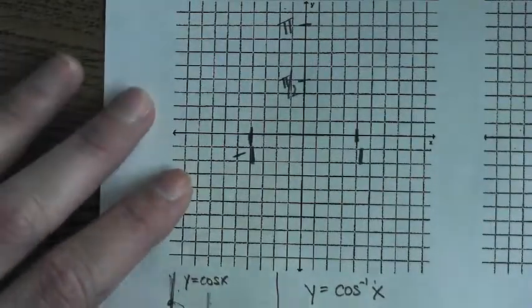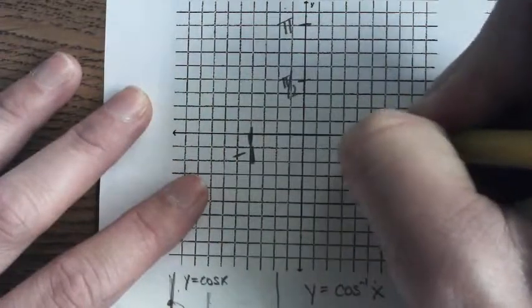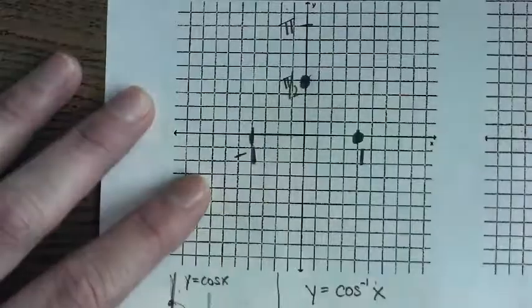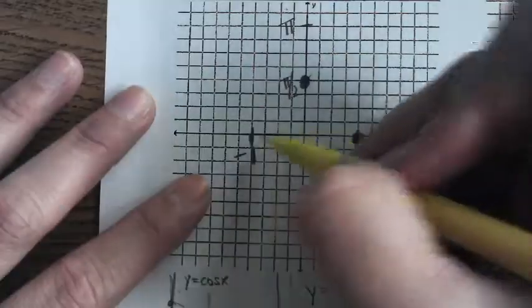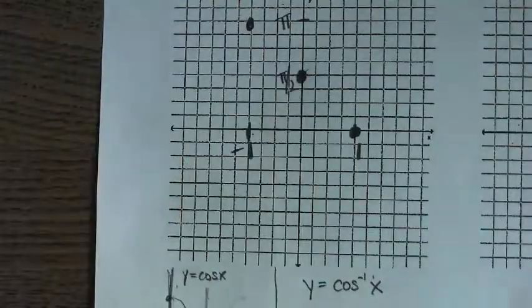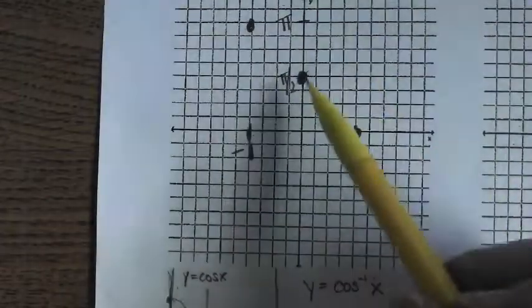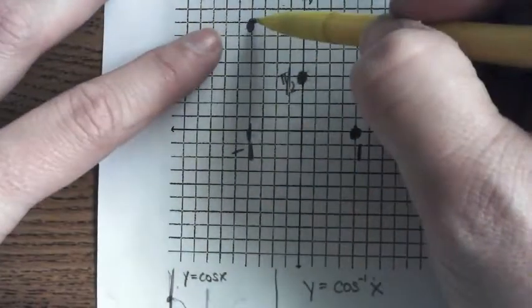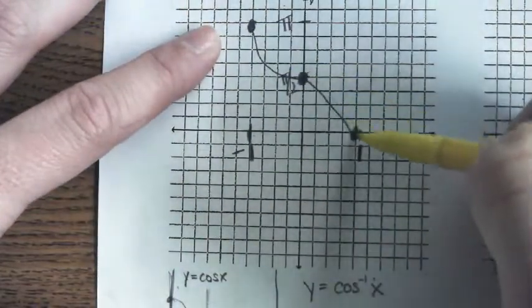So when I sketch 1, 0, I'm here. When I sketch 0, pi over 2, I'm there. And when I sketch negative 1, pi, I'm here. So this is going to look like that.